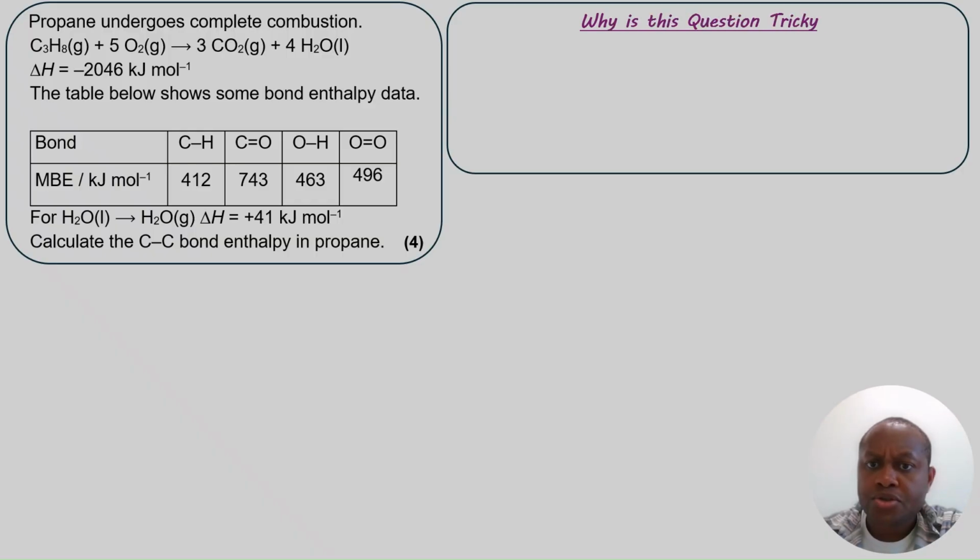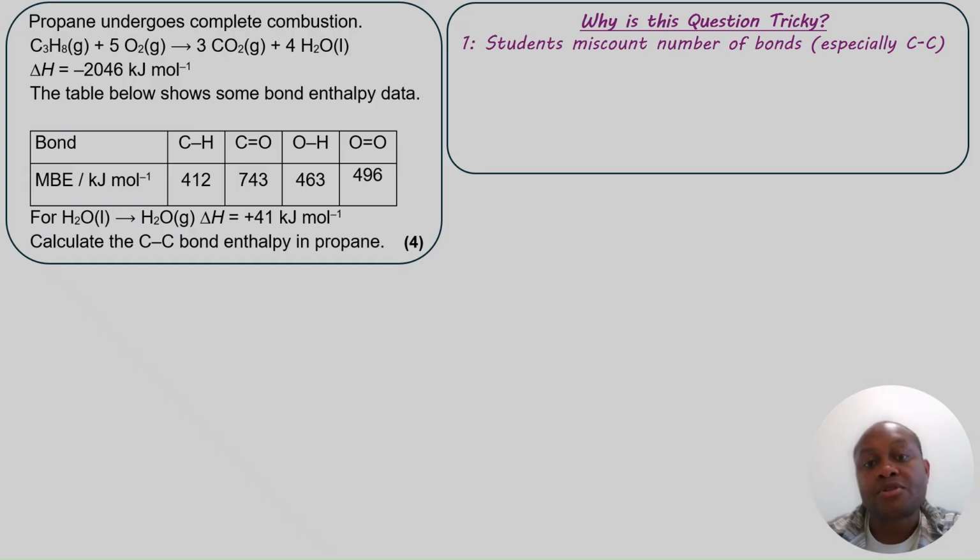Why is this question tricky? Well, the very first reason is that students often miscount the number of bonds, especially carbon-carbon single bonds. Now, when we solve bond enthalpy questions, I like to have students draw out in displayed formula the molecules that are reacting.